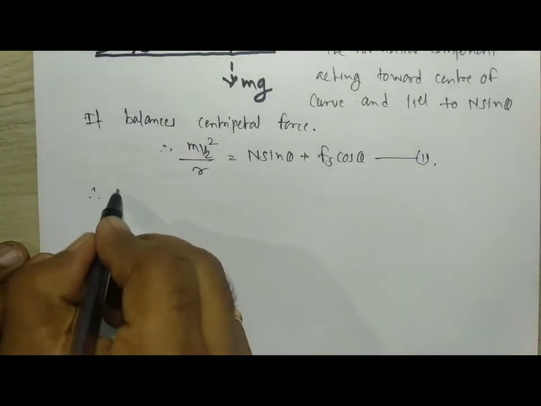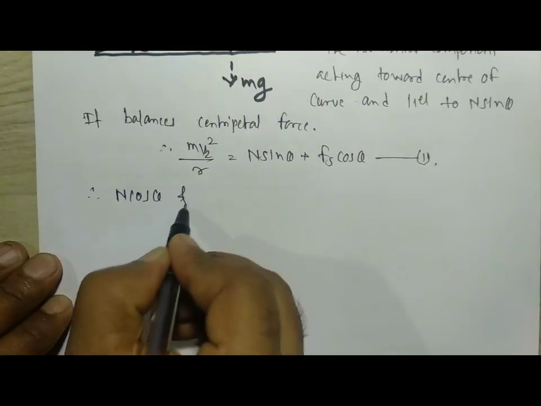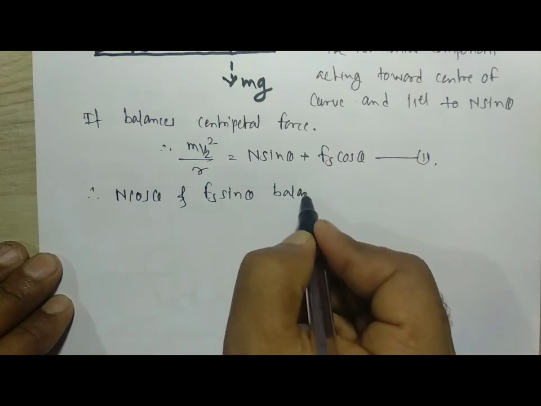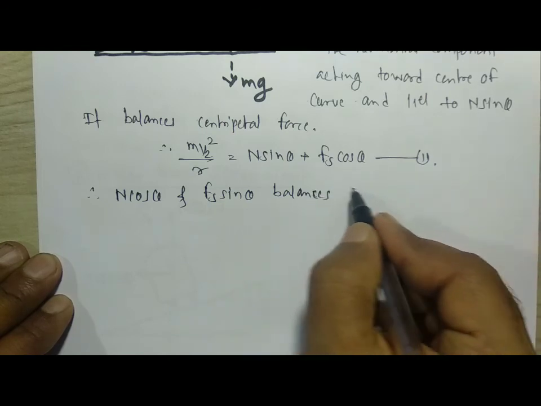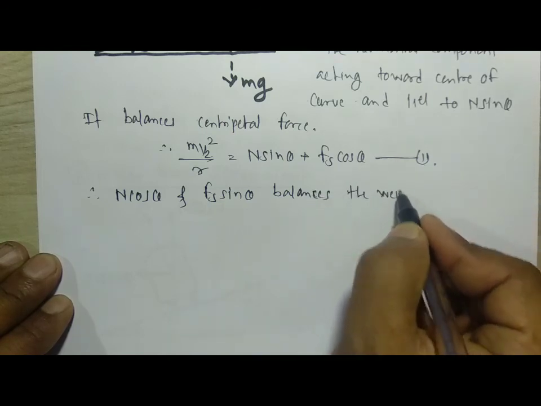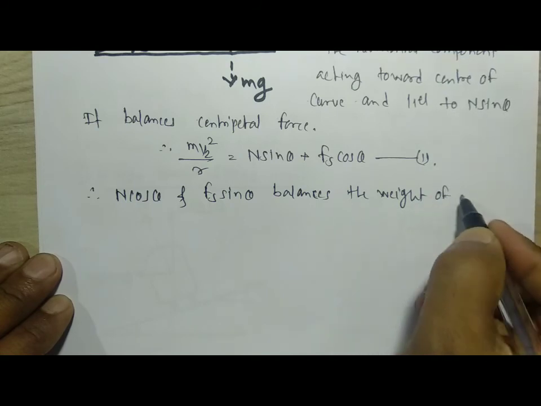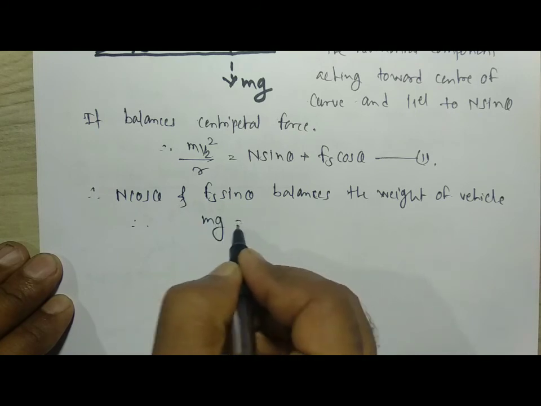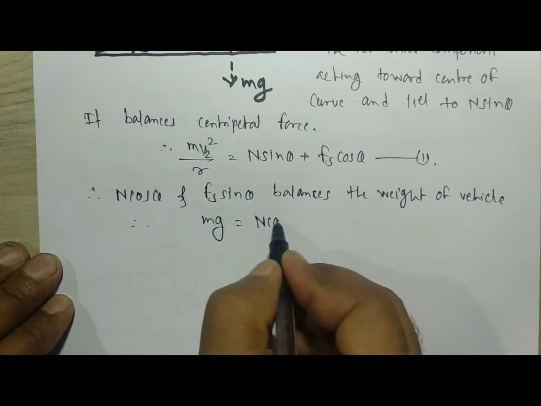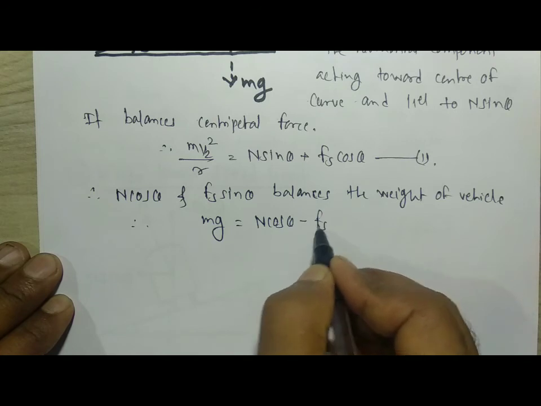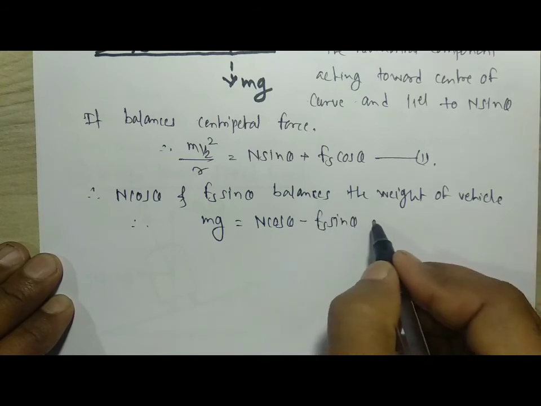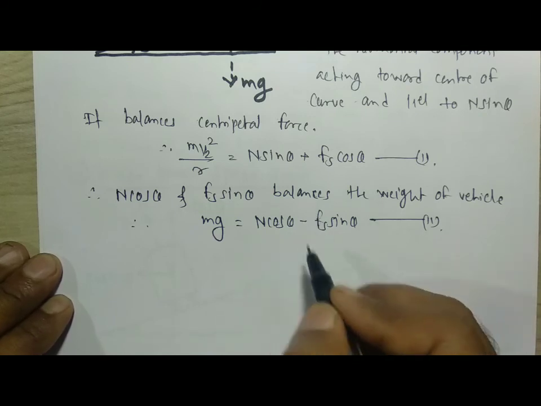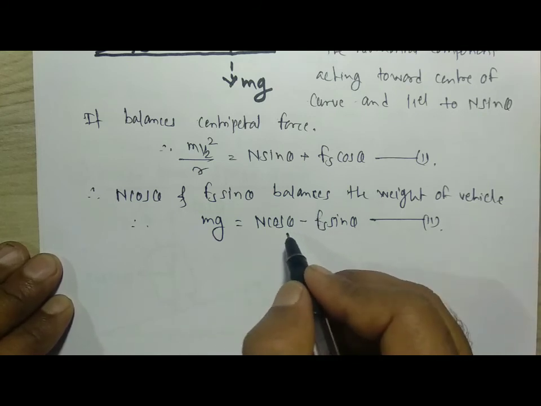Therefore n cos theta and fs sin theta balance the weight of the vehicle, and therefore you will get mg is equal to n cos theta minus fs sin theta. Here the negative sign indicates that the two forces n cos theta and fs sin theta are opposite to each other, and therefore we take the minus sign here.